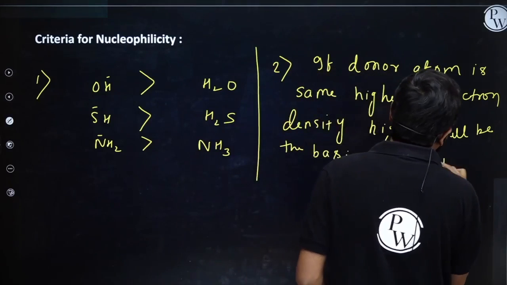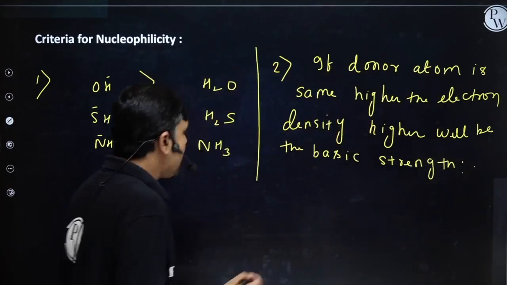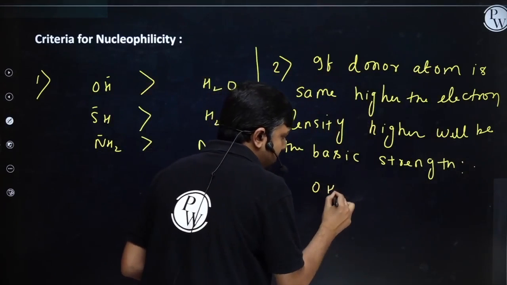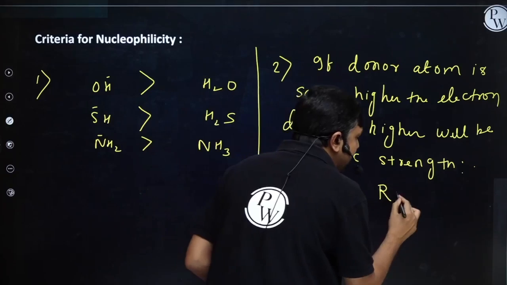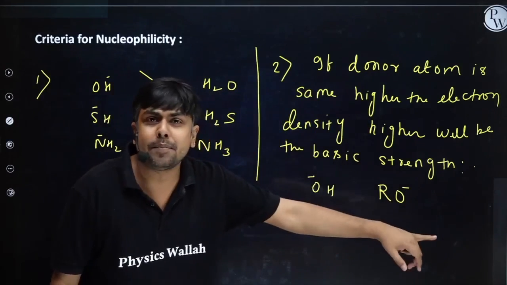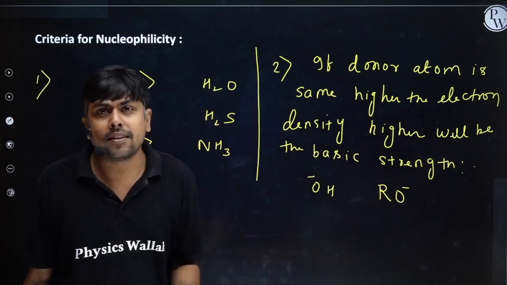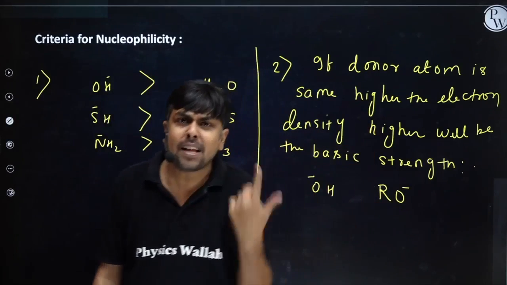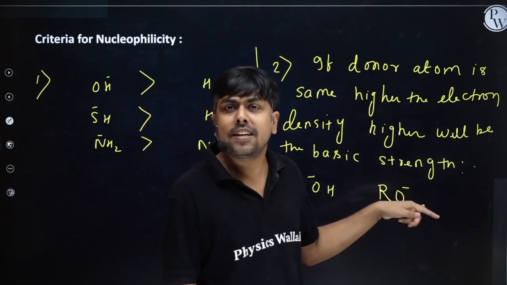Let's try to understand this one with an example. I have OH minus and I have RO minus. Donation is occurring from the oxygen atom. The donor atom is the same. Now in case of RO minus, this alkyl will act as a plus I group. It will increase the electron density on oxygen.